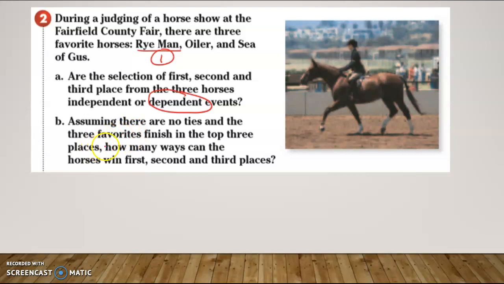Assuming there are no ties and the 3 favorites finish in the top 3 places, how many ways can the horses win first, second, and third place? Well, for the first slot, you've got 3 choices. But once one is chosen, you've now only got 2. And the last one, you've only got 1. So this is 6 different ways.